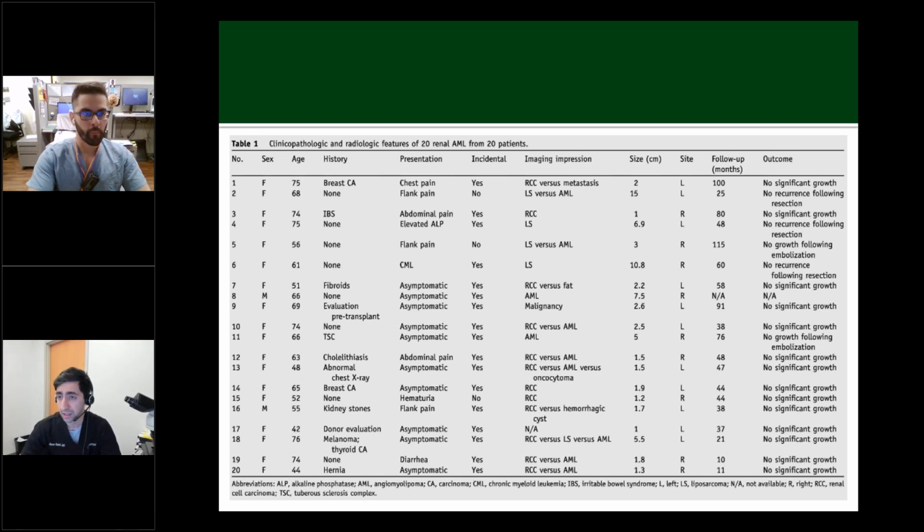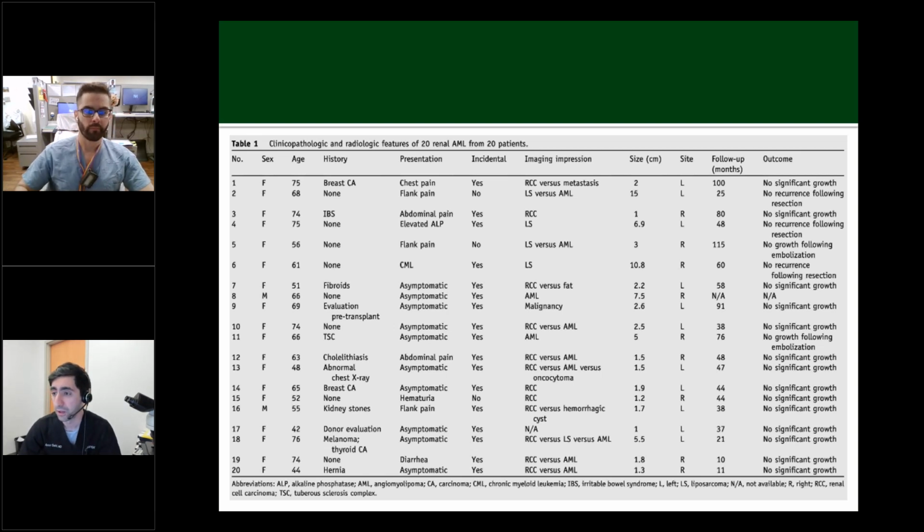You can see here that most of the patients were female, and the age was around the 60 range. If you look at the presentation, most of them were asymptomatic or had different kinds of symptoms unrelated to the actual mass, such as chest pain. Only one has flank pain, and the other has abdominal pain and diarrhea.